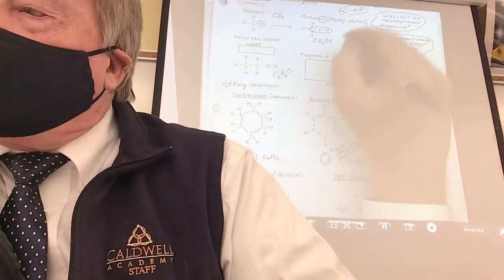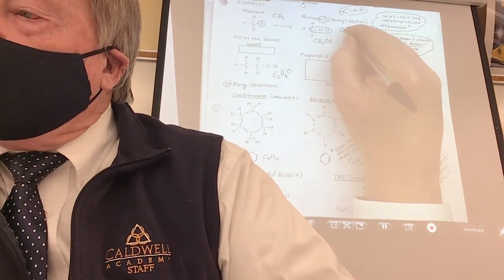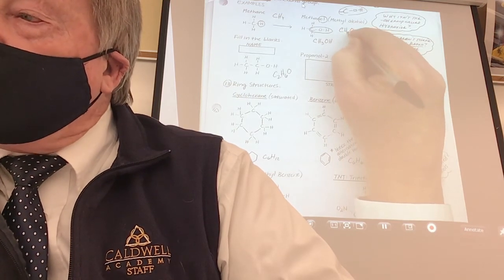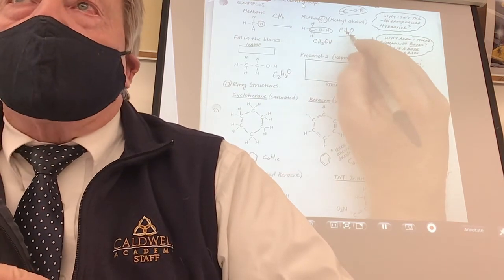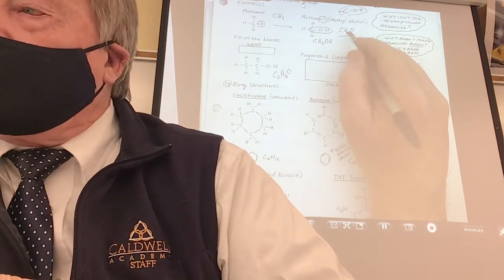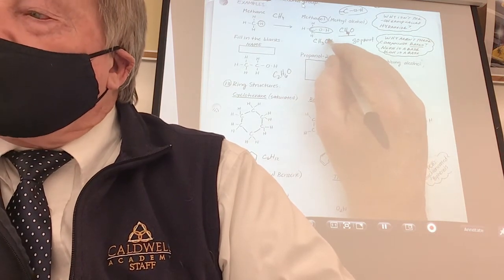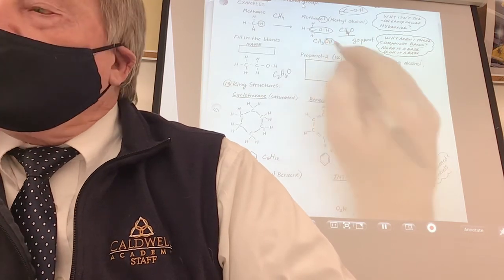Yes, the molecular formula would be CH4O, but no organic chemist would ever write methanol like that. They would all write it like this. Because guess what? They want you to know that it's an alcohol. You see that?